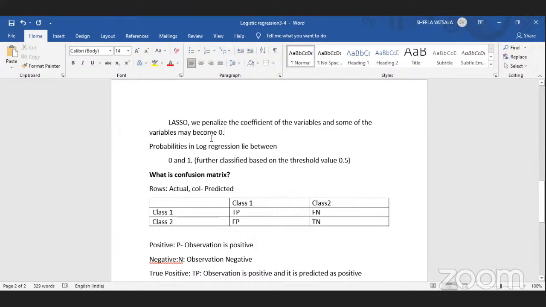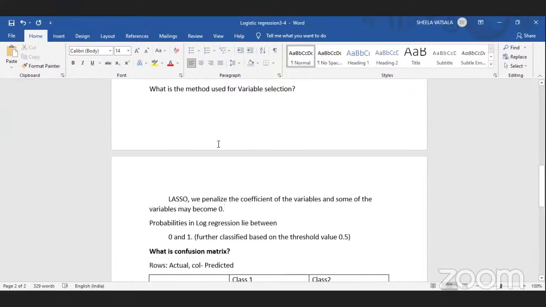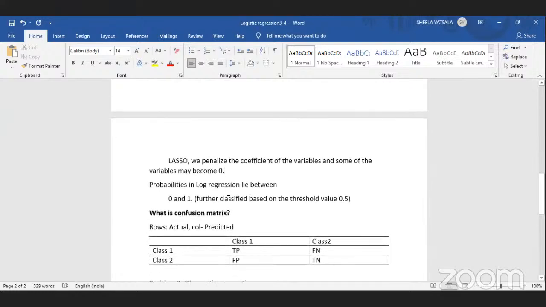Some of them may become 0 or close to 0. That way, the impact of the less significant variables will be removed, meaning the ones which are not adding anything significant to the model can be removed. So that is the part of variable selection.